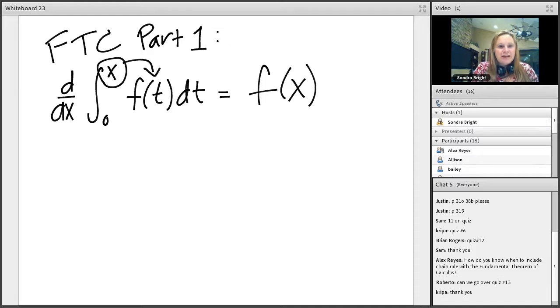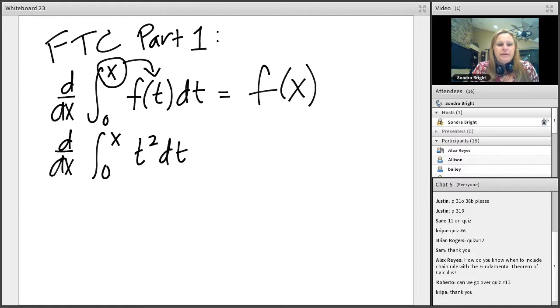You just plug that x right into the t, right? So if all you have is d/dx of the integral from 0 to x of, let's go, t squared dt, then your answer would just be x squared and done.